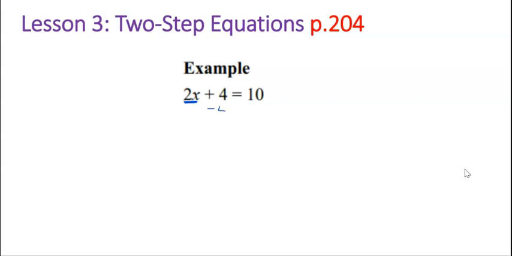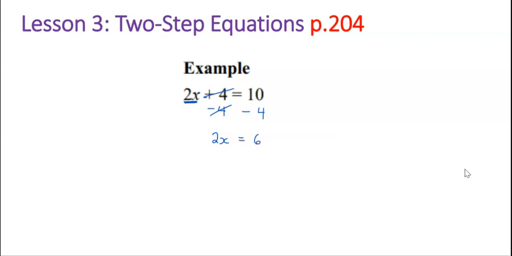We're going to subtract that 4 away on both sides of the equation, canceling it on the left, leaving us with 2x. So we're getting closer to isolating the variable, but we move everything that's furthest away from the term with the variable first. 10 minus 4 is 6.